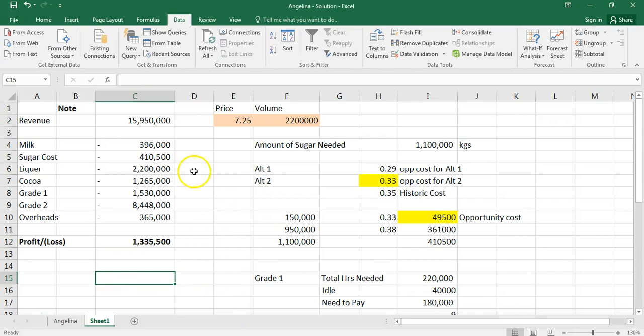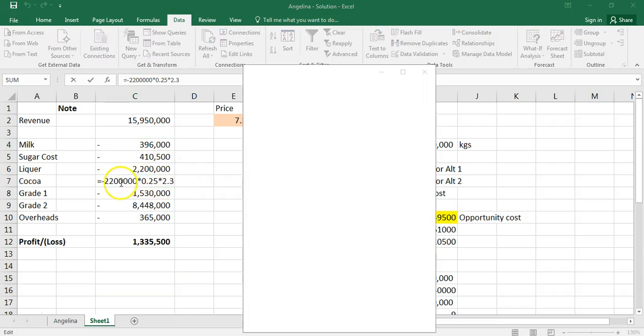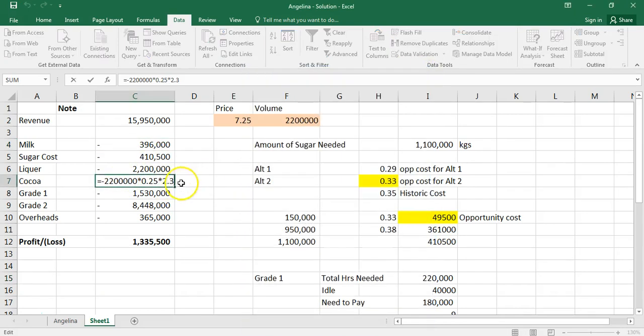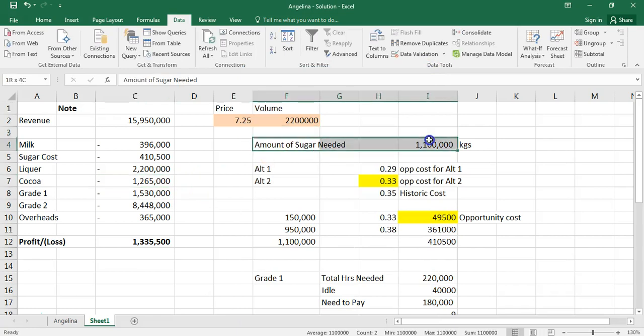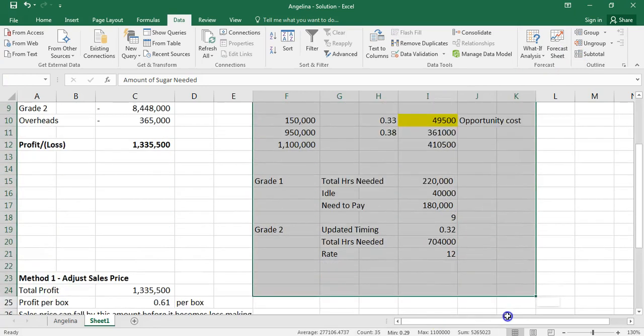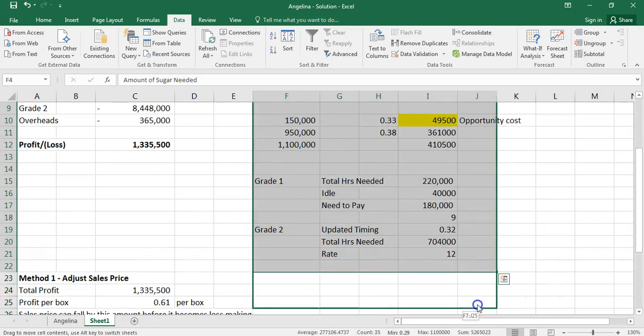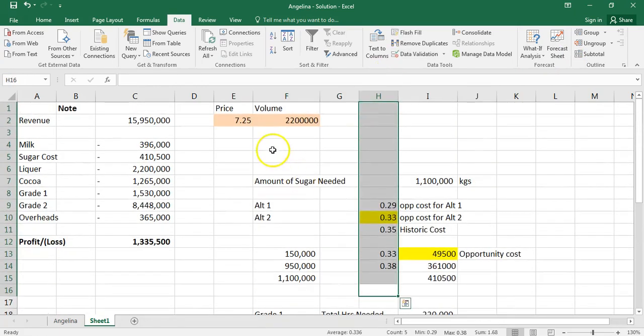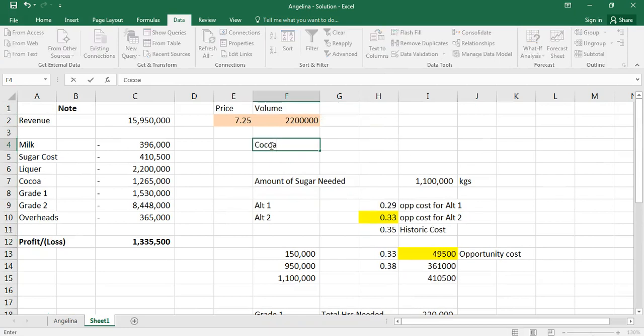First one, what we might do is, so I have the cocoa here. Again, you can't really do a goal seek when you have the inputs like this. So what I'll just do for your own benefit is I'll pull these down and I'll show you how to set it up. So for the cocoa, the kilograms and the price.